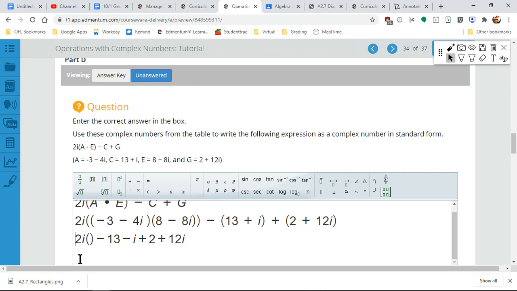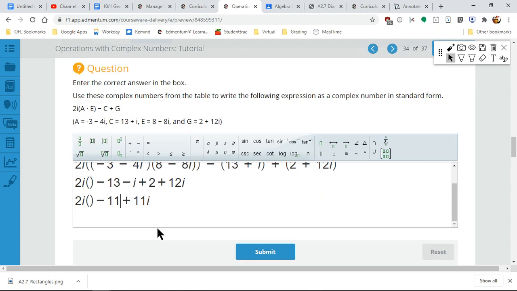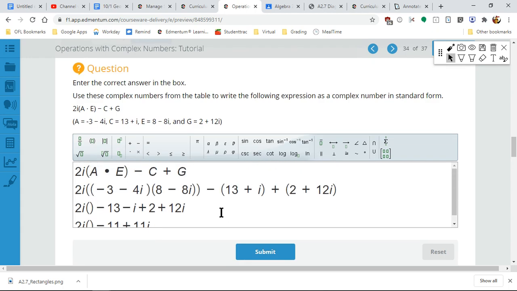And then continue the laziness. I'll do that parentheses thing later. So now I can combine my negative 12 with my 2, so that makes negative 11. Negative I plus 12I, that's just positive 11I. And so all we're missing right now is doing that FOIL. So let me get that FOIL going for you guys.